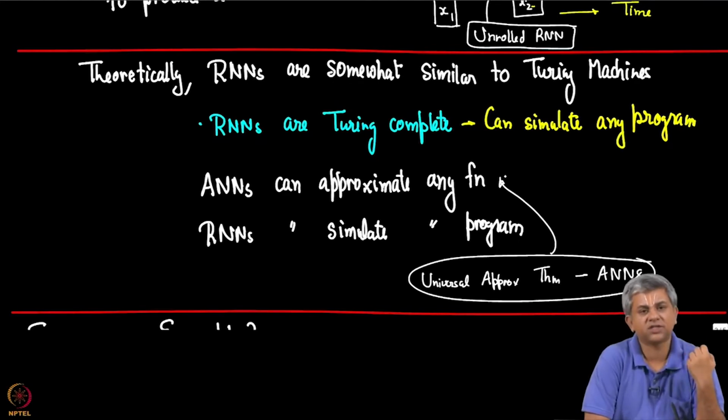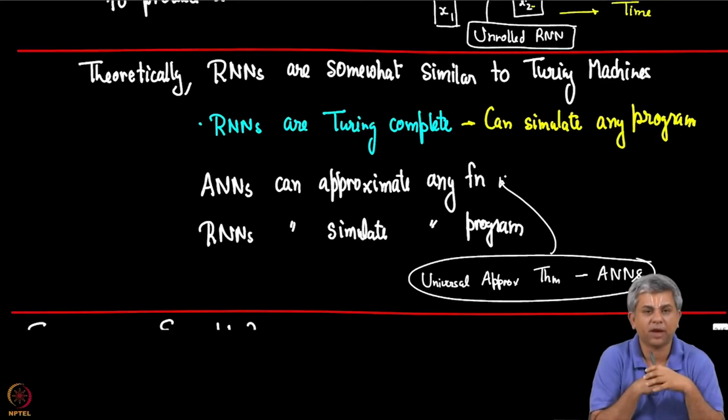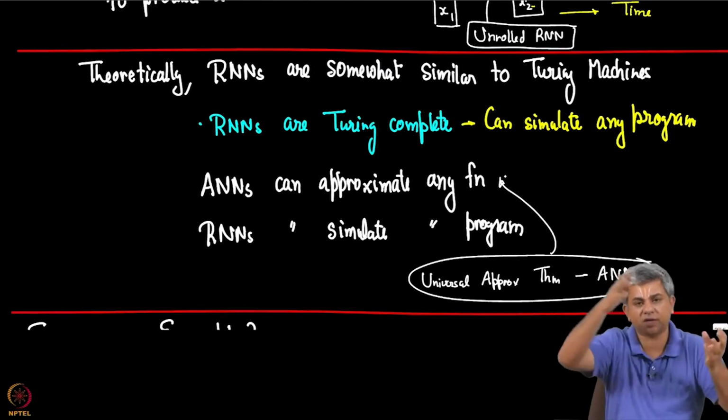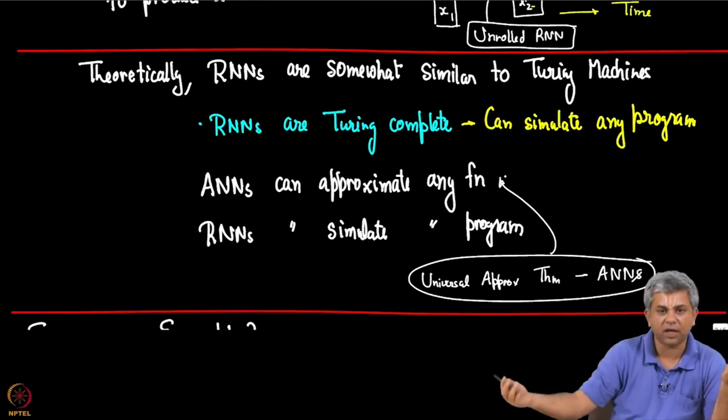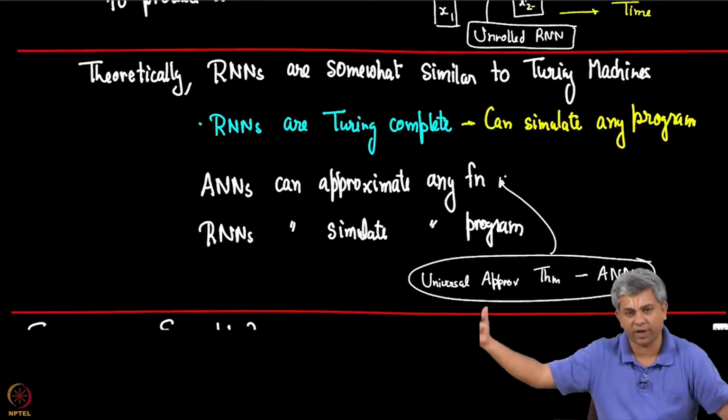Now, RNNs have a similar property in that they can simulate, or come close to approximating, any program, okay. So, any computer program can be sort of simulated, because remember, for a computer program all your inputs might not be available simultaneously, okay. So, you might give some data now and after some time the computer asks for something else and you give new data at each point, okay.